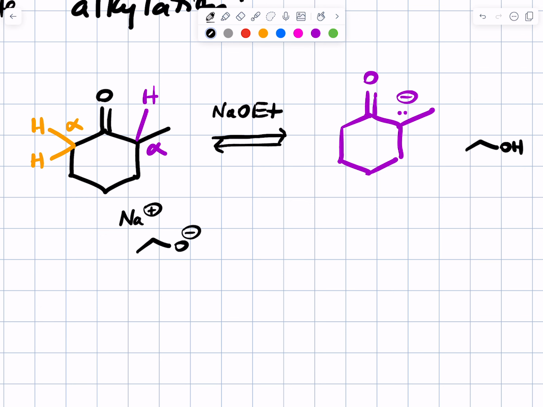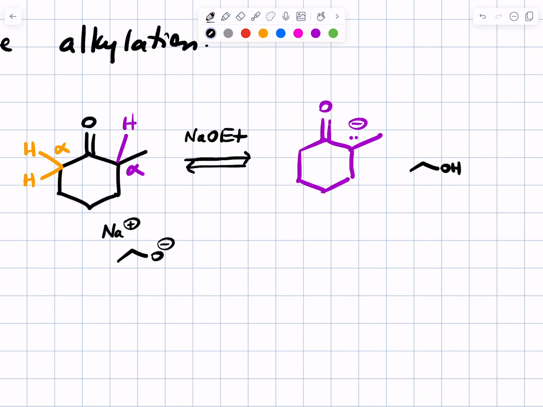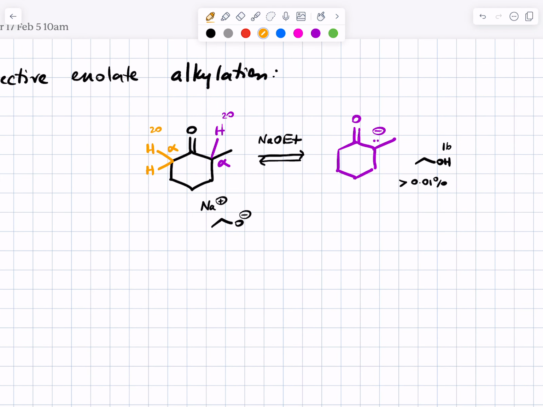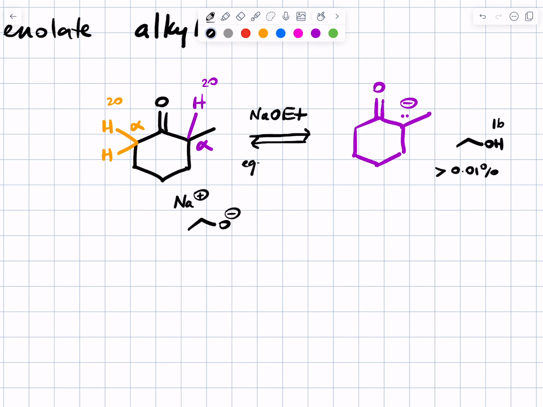You can tell that this isn't enough to completely deprotonate that purple proton because the pKa of ethanol is 16, whereas the pKa of the orange and purple protons is around 20. So you only form a very, very small amount of enolate, and of that enolate that you form, most of it is the most stable enolate.